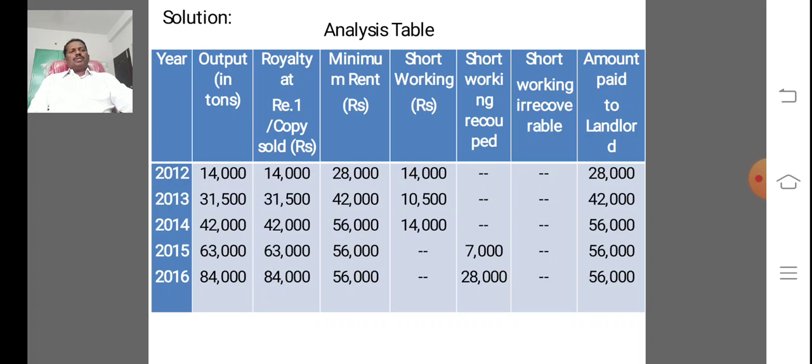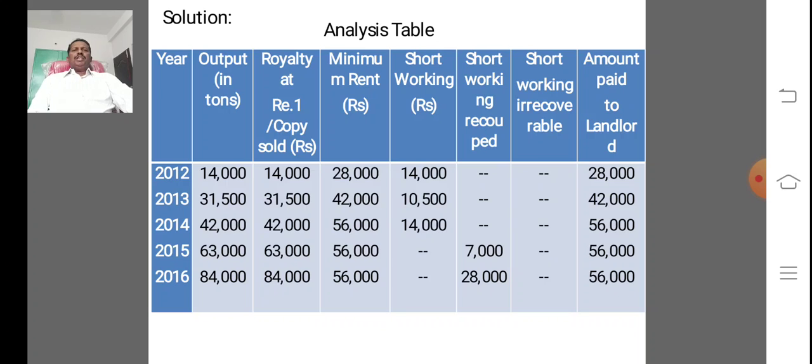Here: output, royalty, minimum rent, short workings recouped, short workings irrecoverable, and amount paid to landlord. In 2012, 14,000 output into 1 is 14,000 royalty.